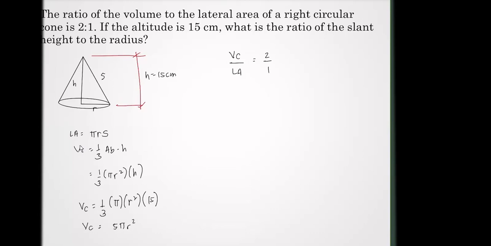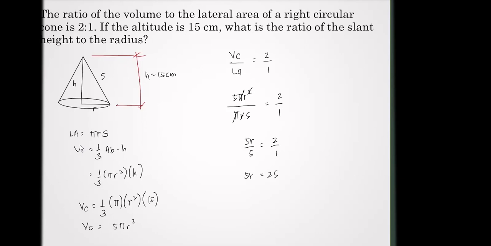So, we substitute the given. We have 5 pi r squared as the volume of the cone, and the lateral area of pi r s, equal to 2 over 1. Cancel out what can be canceled. One r remains on top. So, we have 5r over s is equal to 2 over 1. Cross multiply: 5r is equal to 2s.